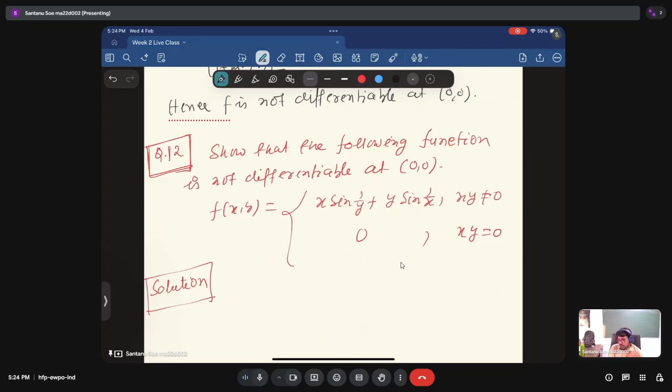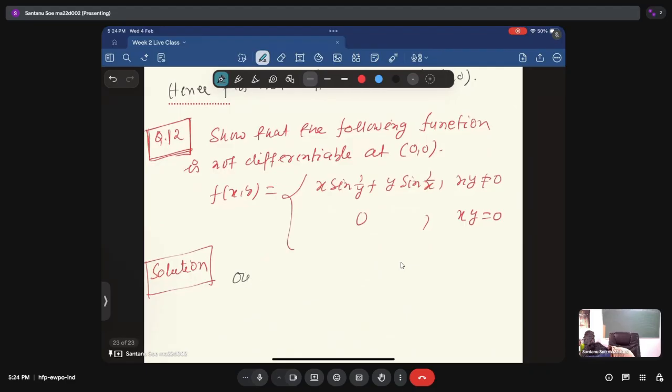Okay. So to check the differentiability, first we're going to check the continuity, if the function is continuous at (0, 0) or not. And to do so, we're going to use the epsilon-delta definition. So our first goal is to check whether f is continuous at (0, 0).